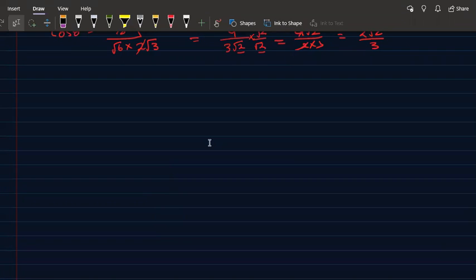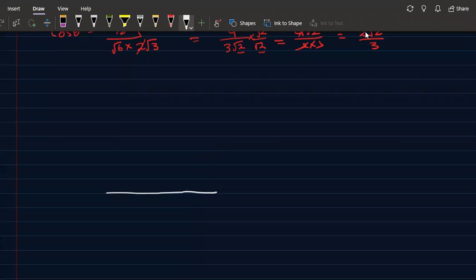Okay. So just imagine that you traveled 3 units in the x-axis.